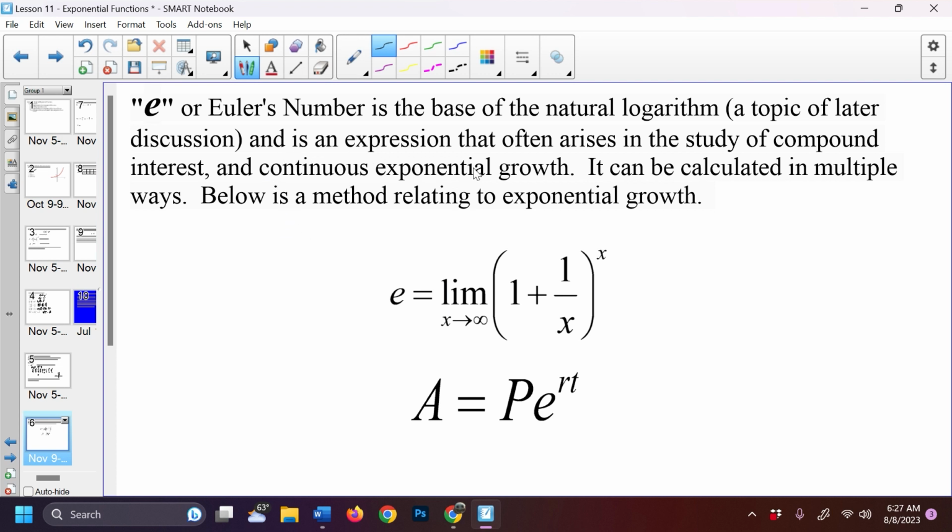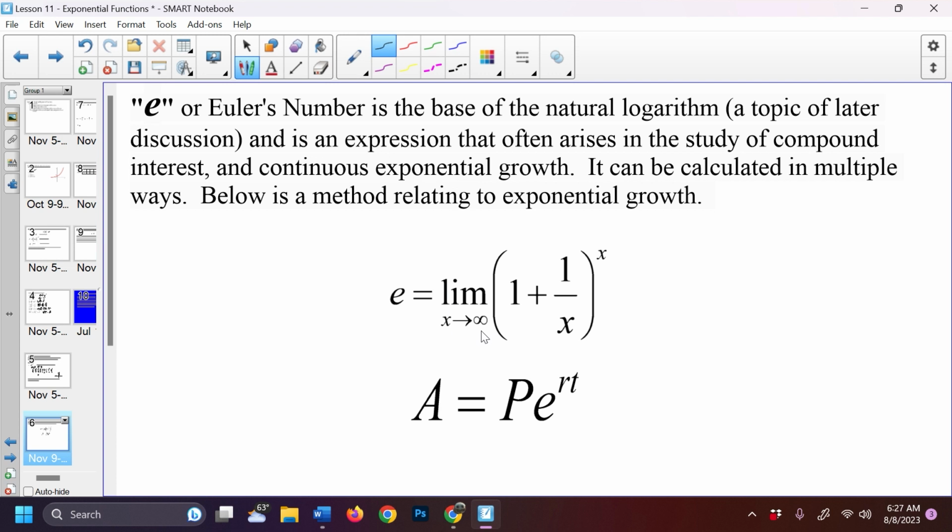E is an expression that often arises in the study of compound interest and continuous exponential growth. It can be calculated in multiple different ways. Below is the method relating to exponential growth. So when I say e, this letter and number, it is the limit, and I don't expect you to know what a limit is, but if you're taking calculus next semester, we'll definitely get to it.